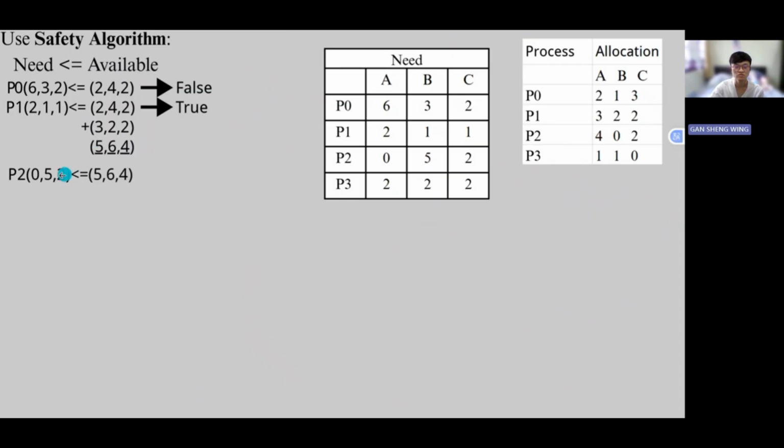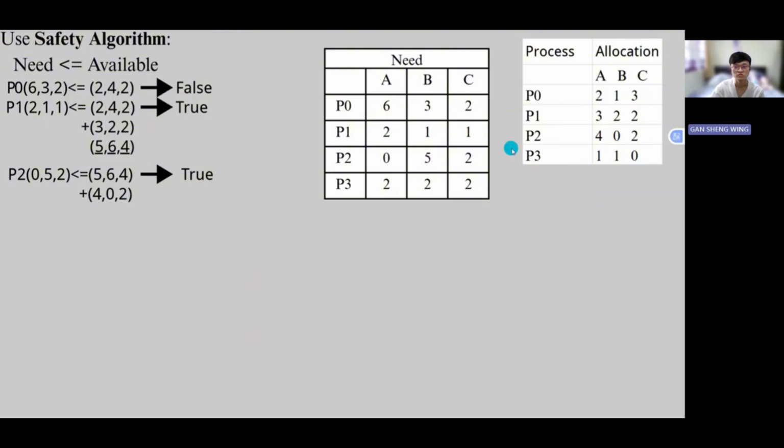Let's look at P2. The P2 need is 052, and our new available is 564. 0 less than 5, 5 less than 6, 2 less than 4. So this is also true. When true, we update available.